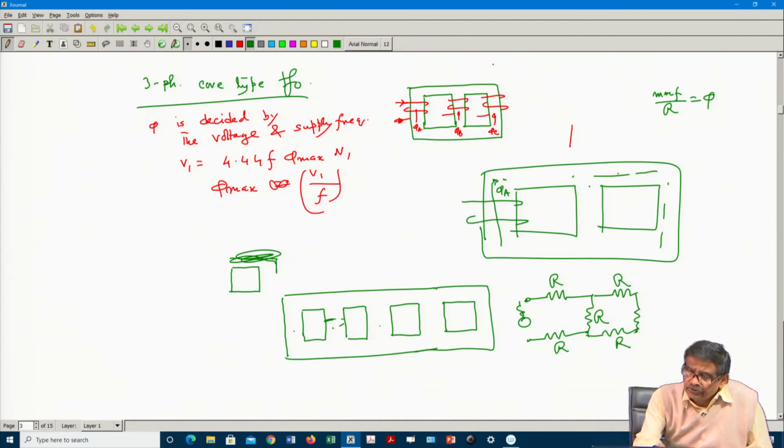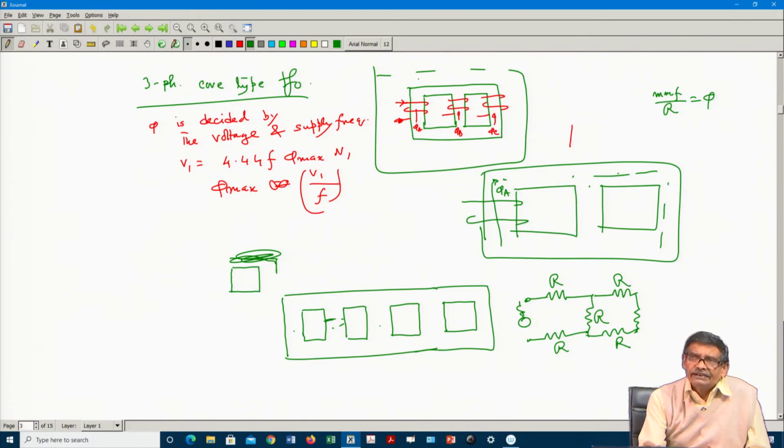So, they will produce flux like this, simultaneously increasing and decreasing, and those fluxes will force their way through the tank, coil, etc. That way they will manage to find their path, causing extra losses in the tank surface, which is made of iron.